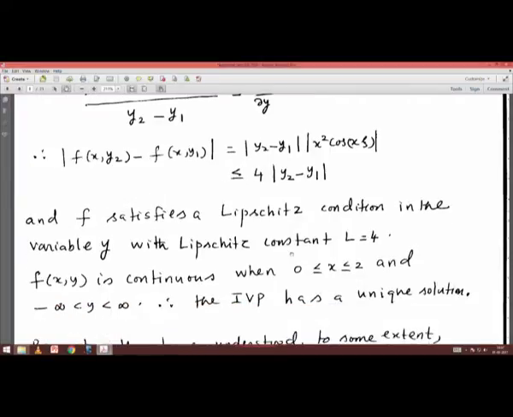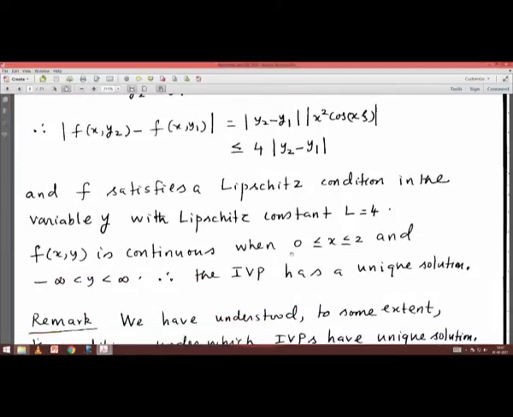So, what is it that you have shown? You have shown that f satisfies a Lipschitz condition with Lipschitz constant equal to 4. You have been able to show that there exists a constant L which is equal to 4 such that f satisfies a Lipschitz condition.